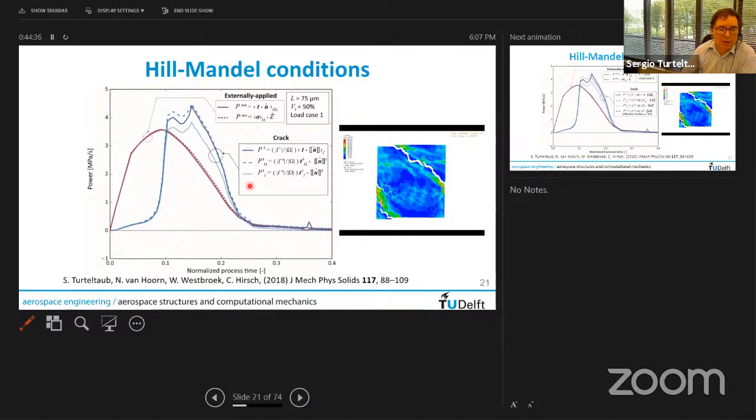The two other lines are two alternative definitions of the effective traction. The dotted one corresponds to a definition of the traction based on the average, and so you see that it is here below. If we use the volume-based definition, which is the dashed line here, with the volume average of the stress, we get this curve here on the top.